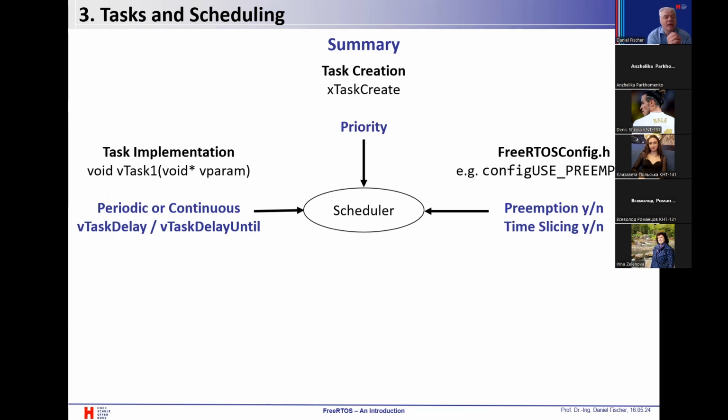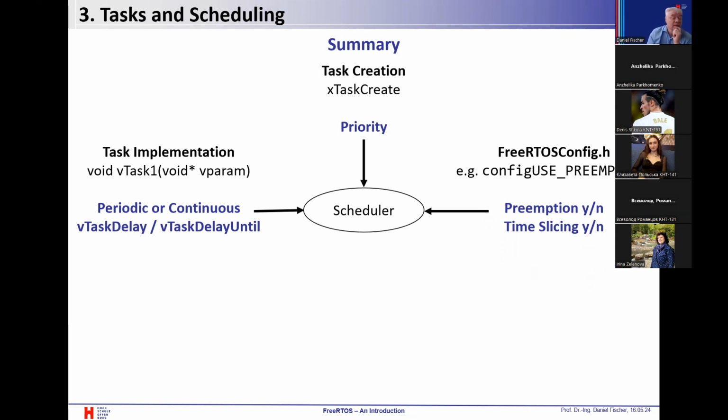And then in your FreeRTOS config, you can put some defines on or off, like preemption on or off. Then there are other things which we don't consider here, like time slicing and so on. And also there you enter the heartbeat. You can change the heartbeat of your system, also in FreeRTOS config.